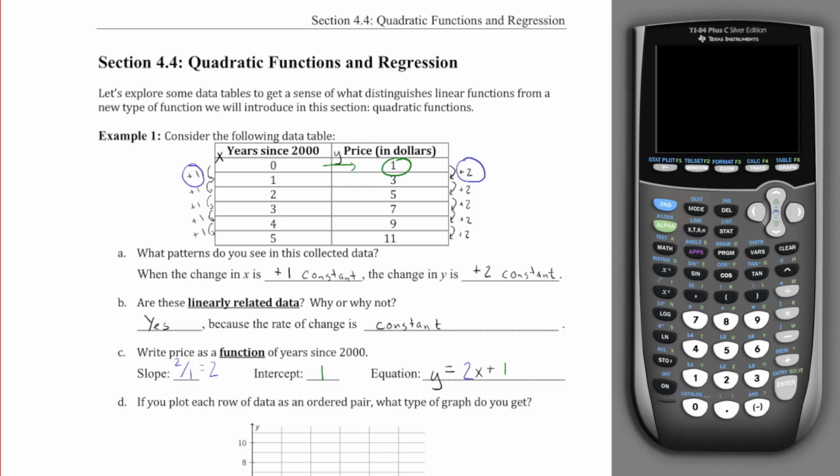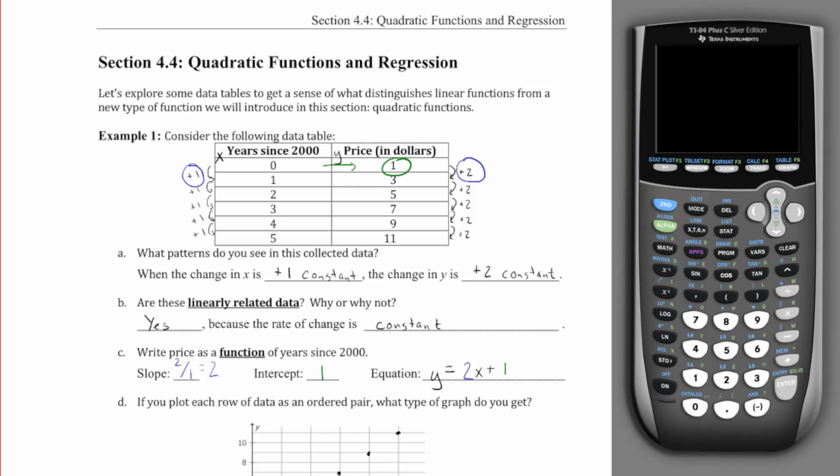We can also go through the table and plot each pair. When x is 0, y is 1. When x is 1, y is 3. When x is 2, y is 5. When x is 3, y is 7. When x is 4, y is 9. When x is 5, y is 11.